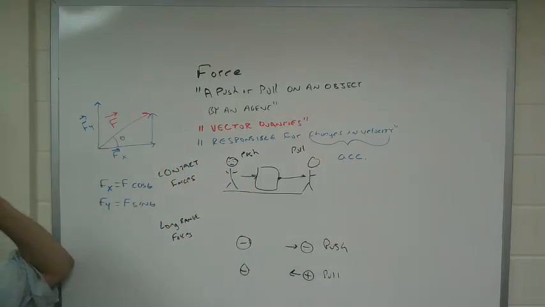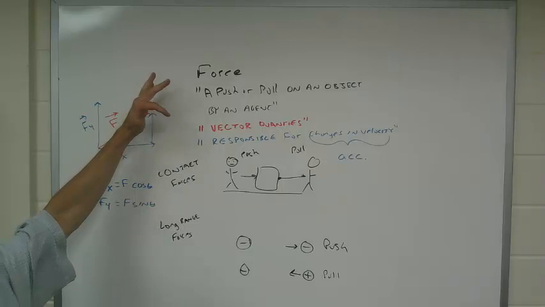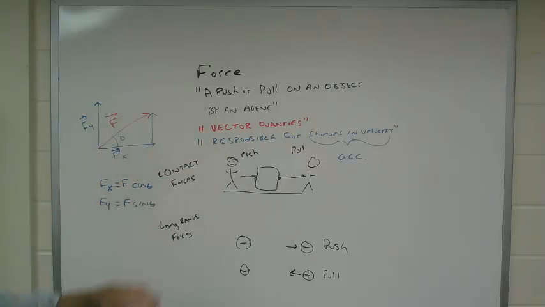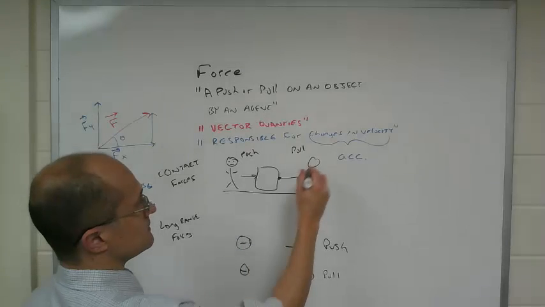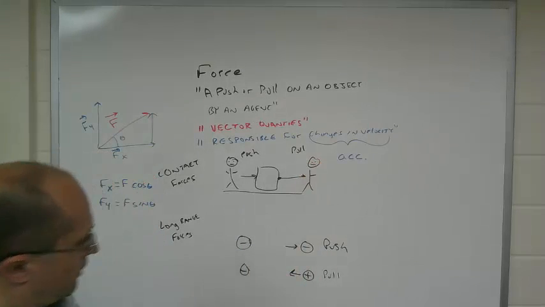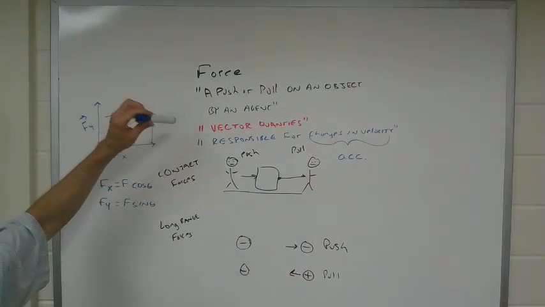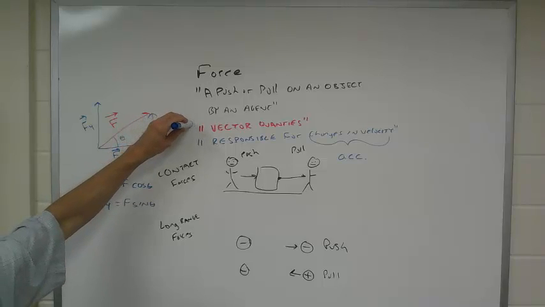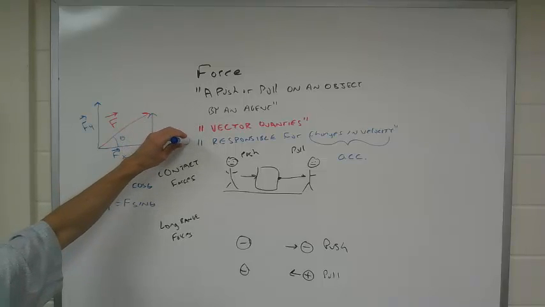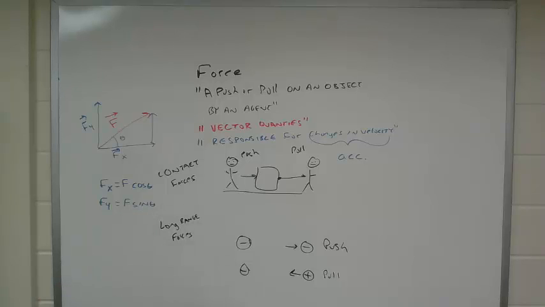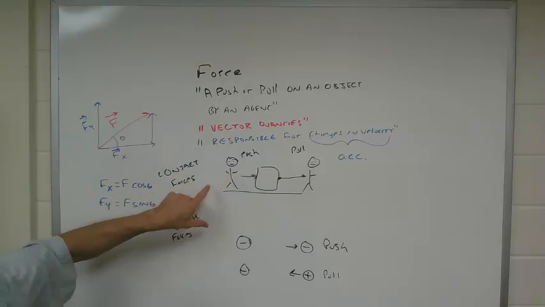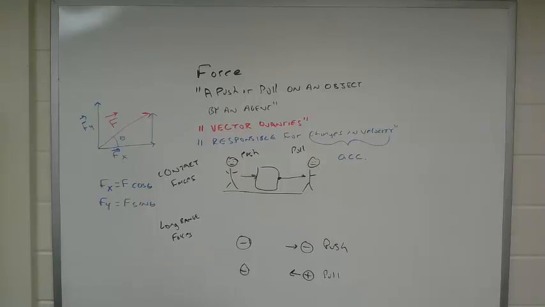That's the introduction to the idea of a force: it's a push or a pull on an object by an agent. They're a vector quantity, and they're the things that are responsible for changes in velocity. There are two categories, contact and long range.